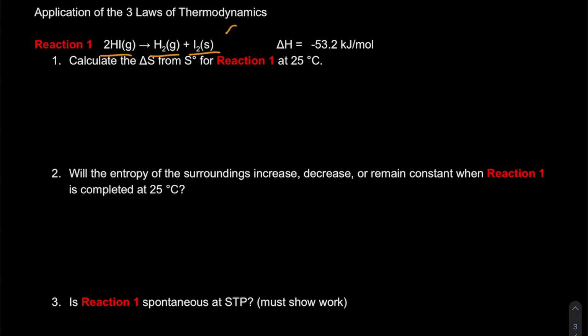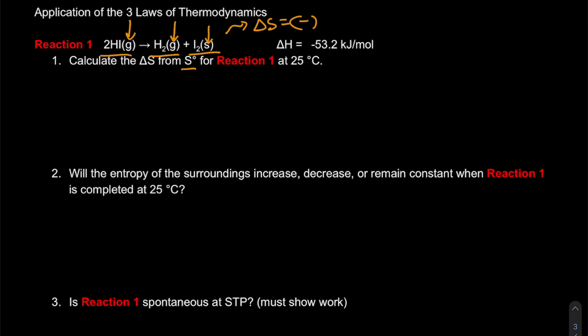Qualitatively, we can predict delta S should be negative. We're going from 2 moles of gas particles to 1 mole of gas and 1 mole of solid. So we have the same number of particles, but we have gone from a gaseous to a solid physical state, and we know that a solid has a lower entropy than a gas. So once we calculate delta S, we should see a negative value.